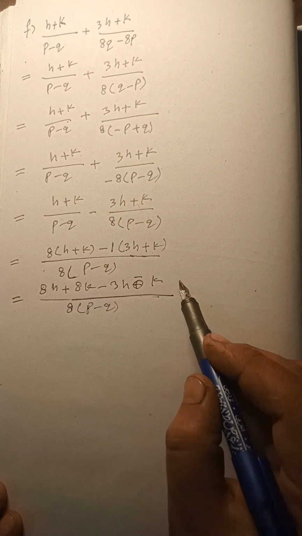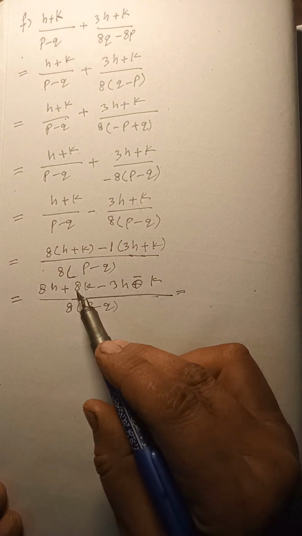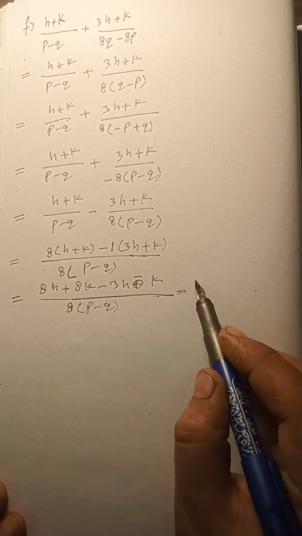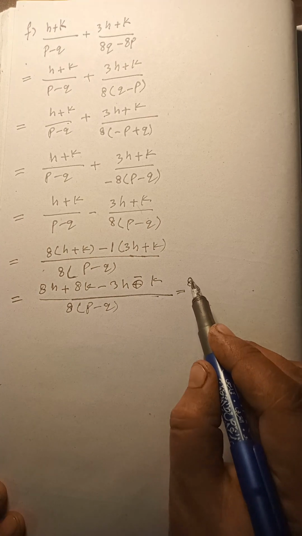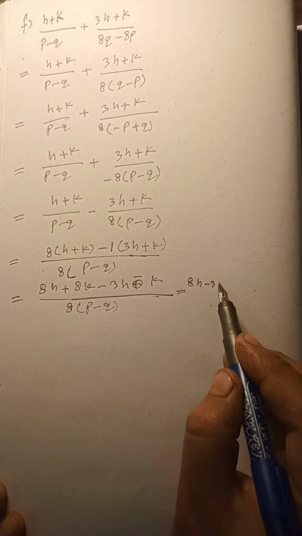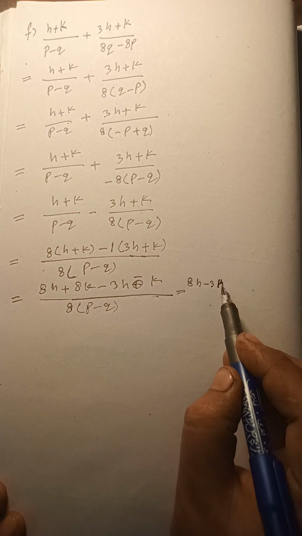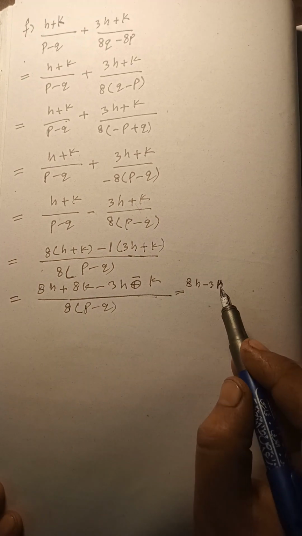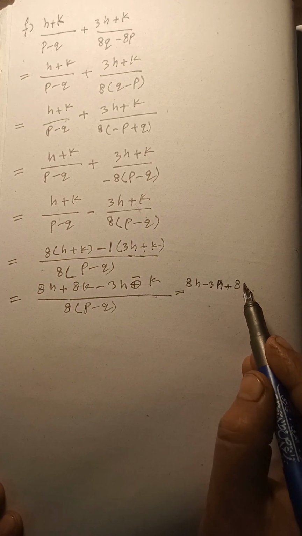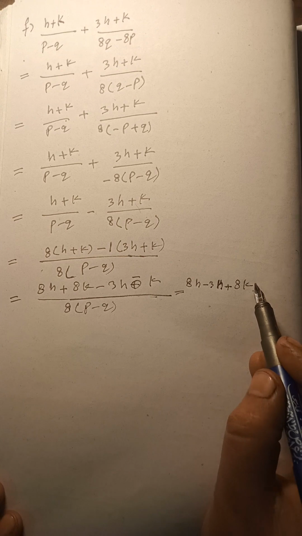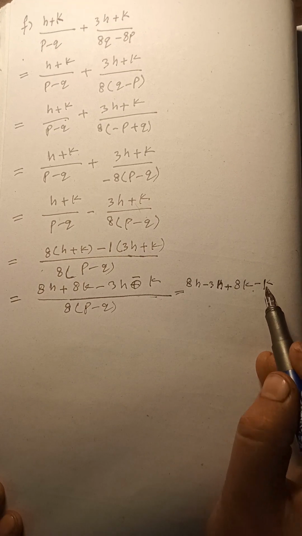Now you see that 8h and minus 3h both are same terms. 8h minus 3h, and then plus 8k and minus k. Same terms are written together.